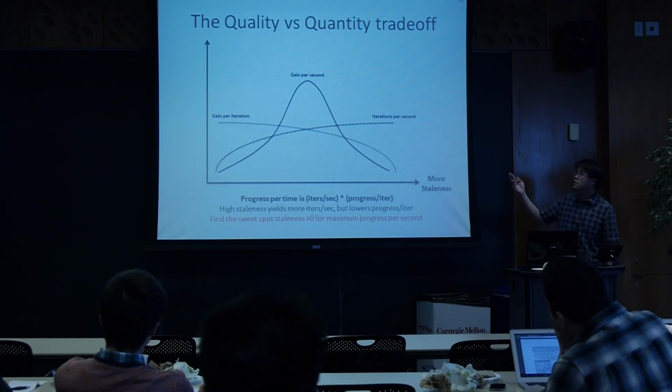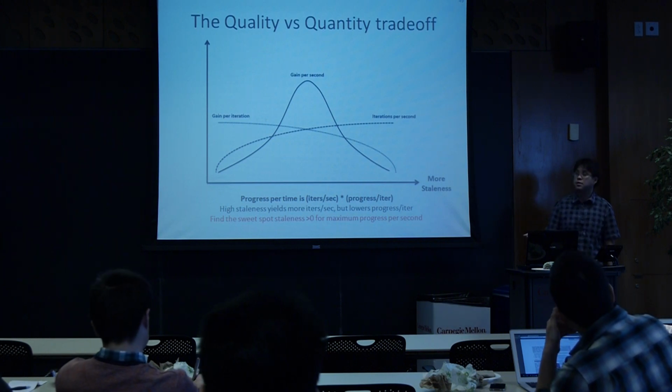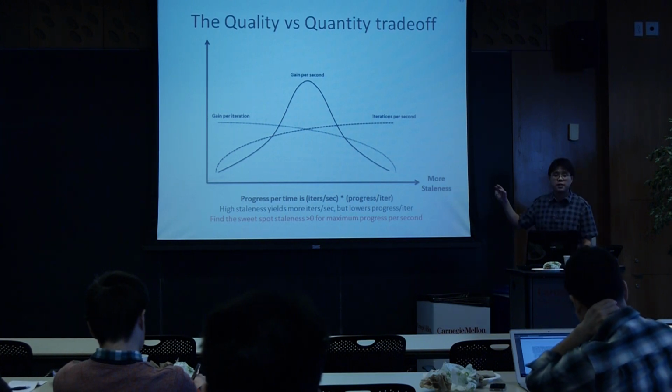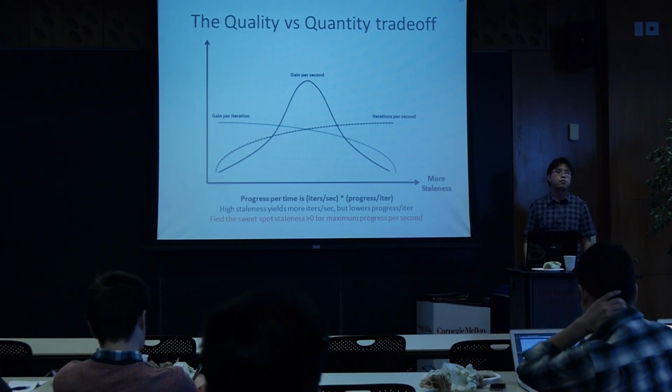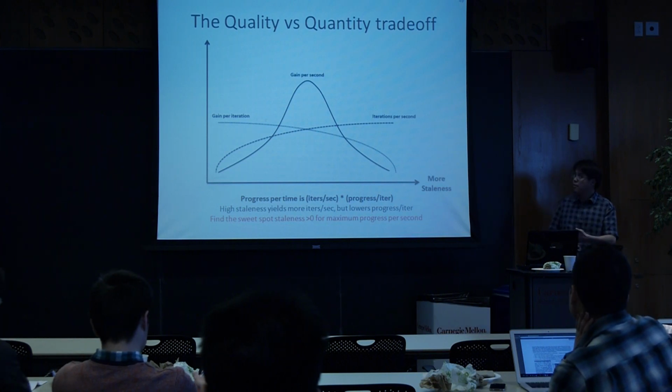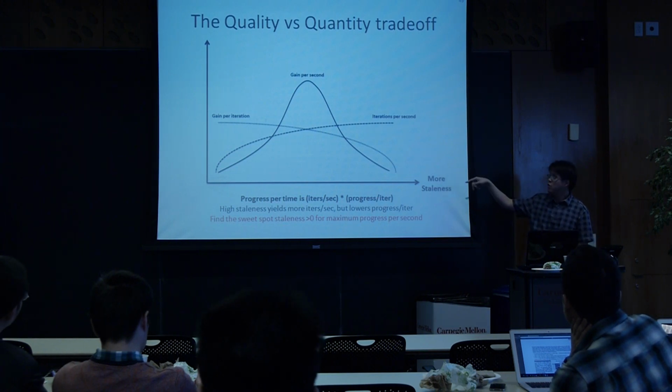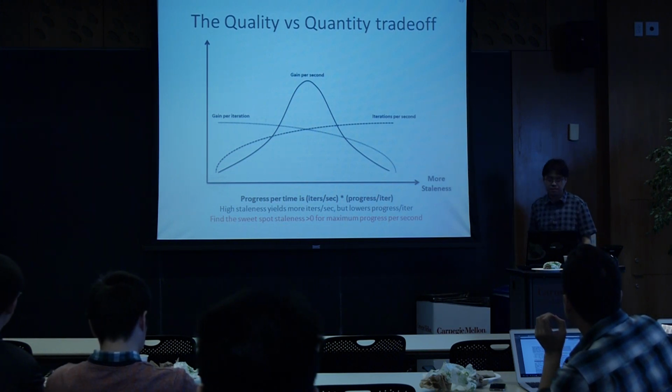But the point is that since the progress you make per second is the product of these two curves, when you multiply them, you generally get a peak at some point. And that's how you would tune the staleness value. If you had time to conduct experiments, you would run staleness, plot the two curves, and then find the point where the product is highest.